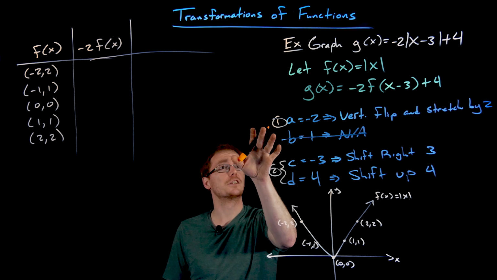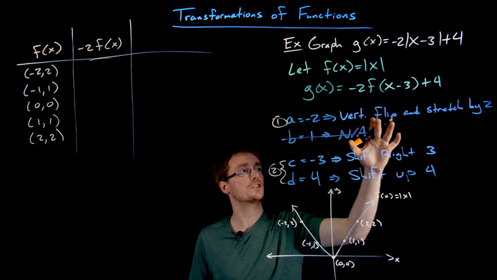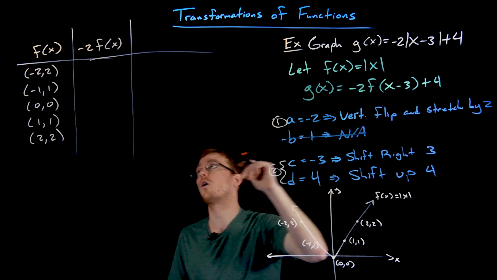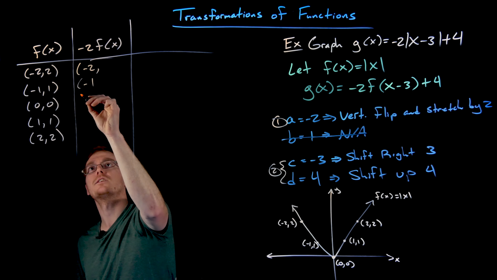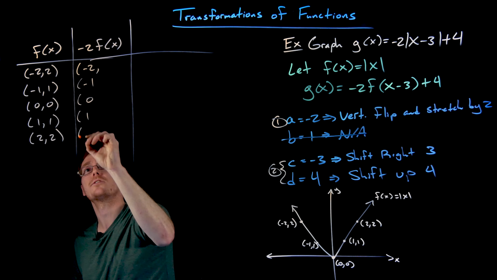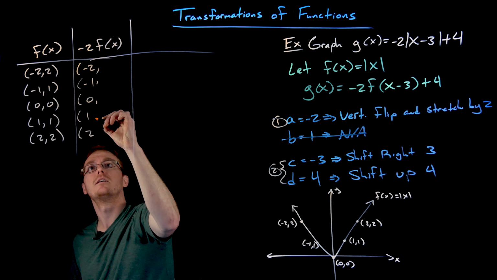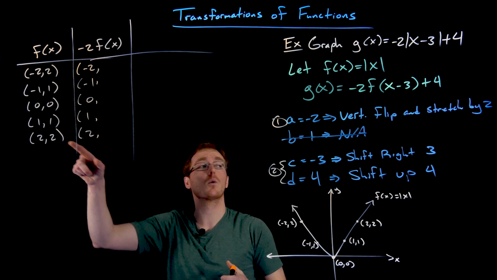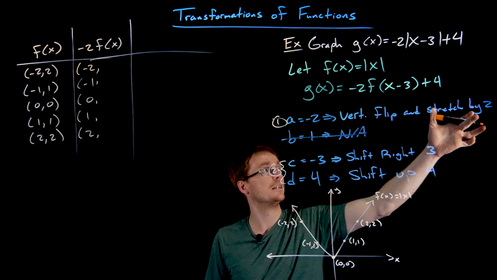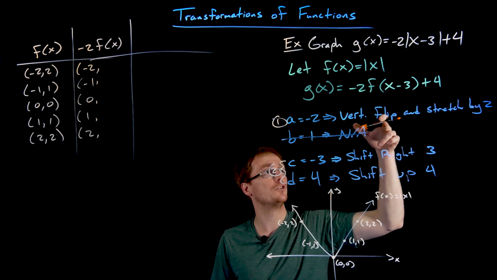All right, so in this first set of transformations, we just have a vertical transformation, so all of our x coordinates will not be affected, right? Our x coordinates are only affected by horizontal transformations. Our vertical transformations are only affecting the original y coordinates, and they're being stretched by a factor of 2 and flipped.